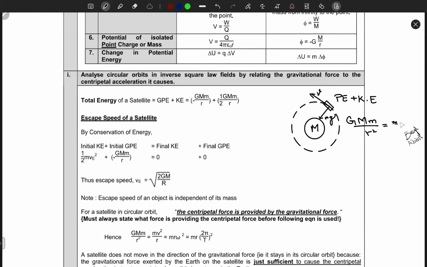So that's mv squared over r. So the gravity is providing it the necessary centripetal force. Right. So from this, then you can work out the equation for the velocity.